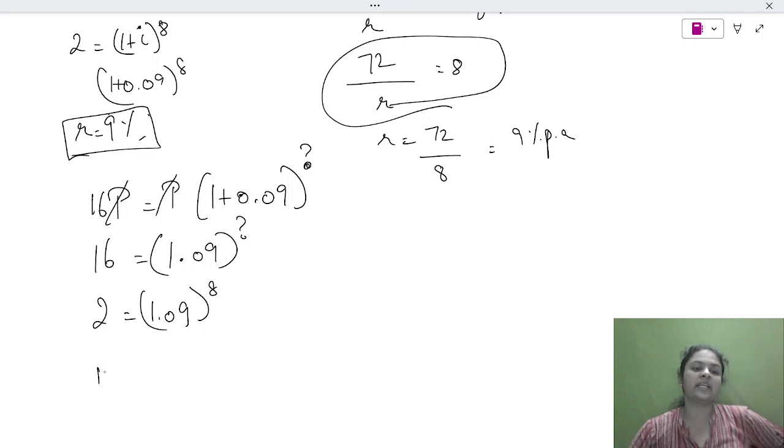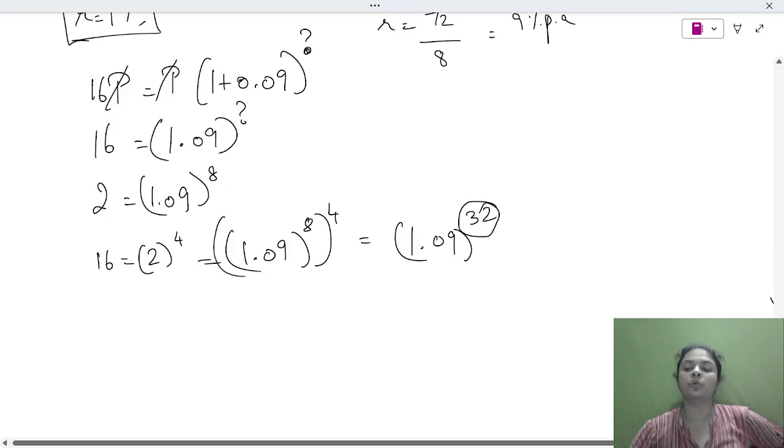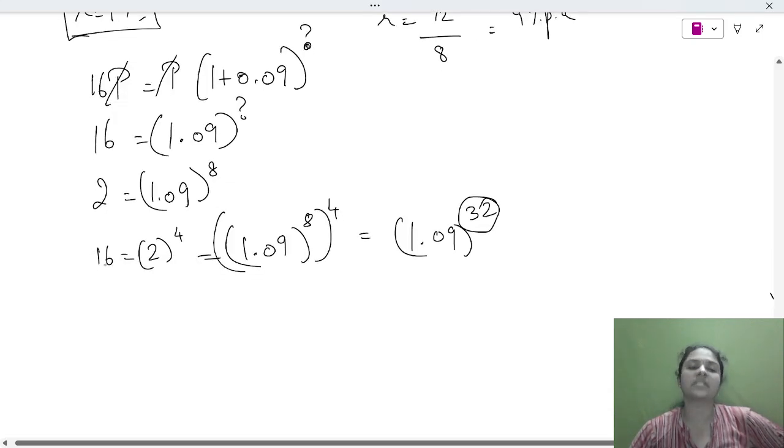Now 16 can be written as 2 to the power how much? 4. Which means 1.09 the whole power 8 into 4. So the answer will be 1.09 the whole power 32. Approximately 32 years it will take for it to become 16 times.